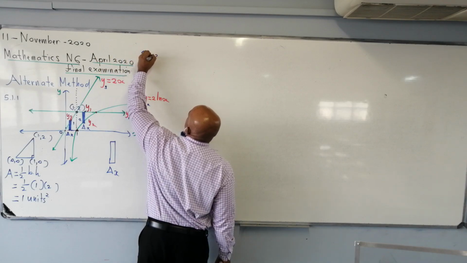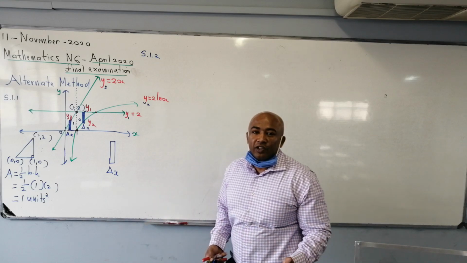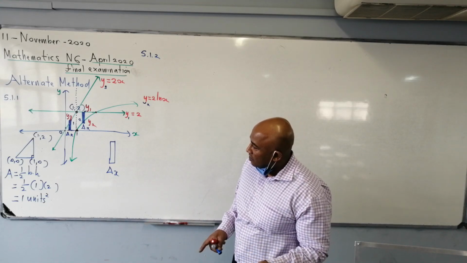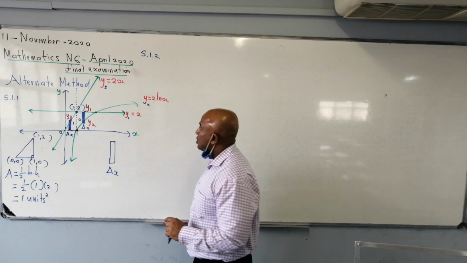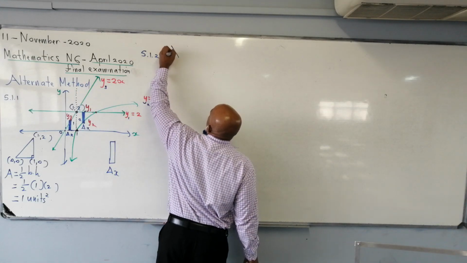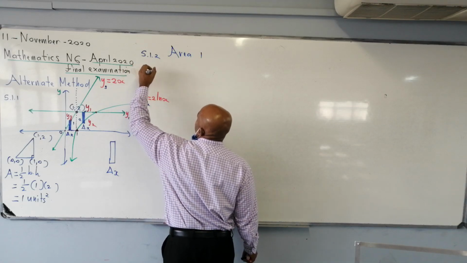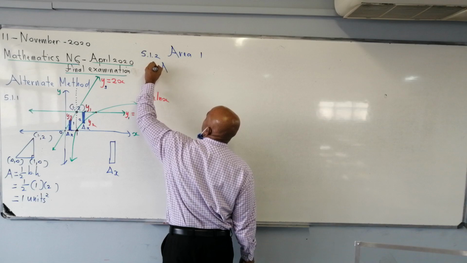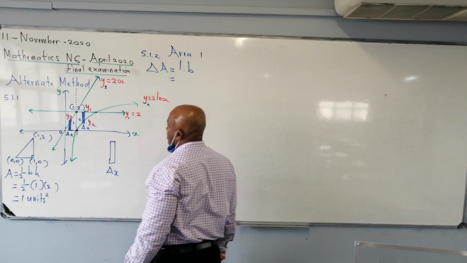5.1.2. So 5.1.2 was calculating the area. We have two areas, area 1 and area 2. So area 1, what do we have here? We're going to go delta A, which is area, is equal to length times breadth.